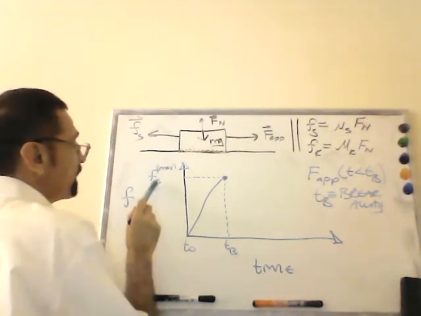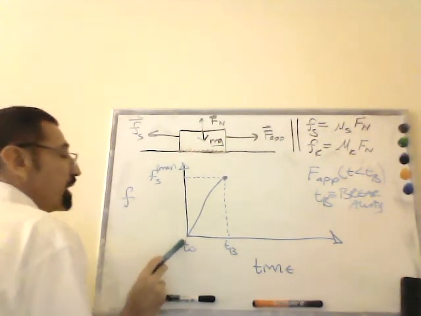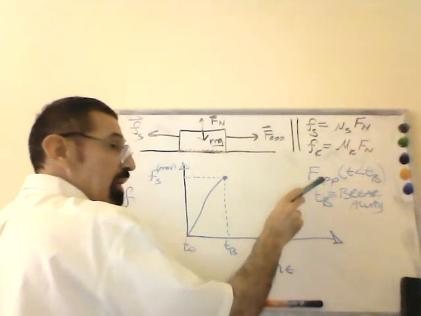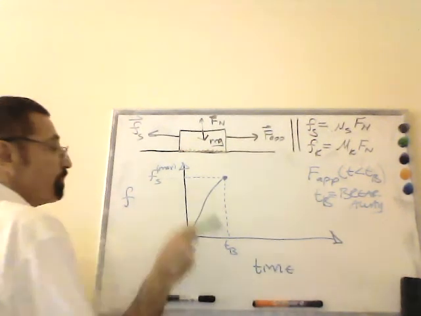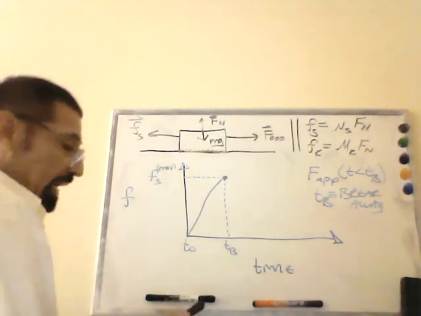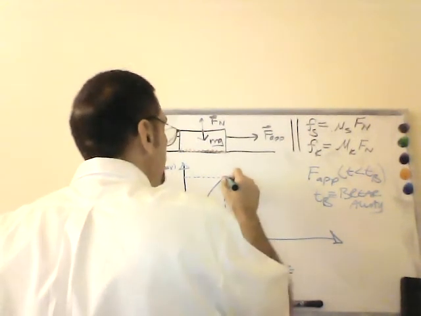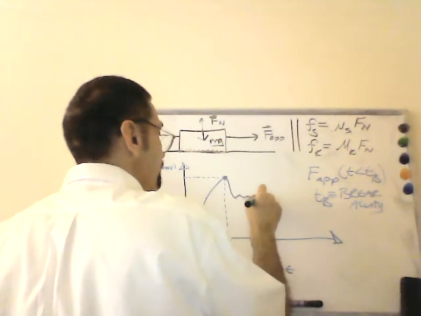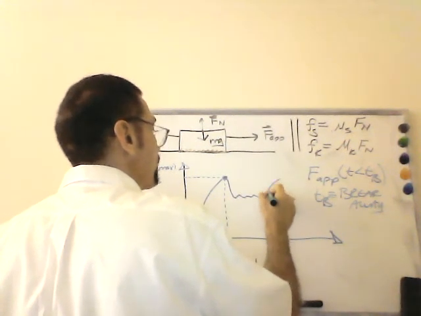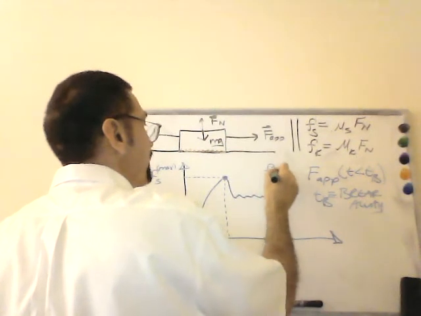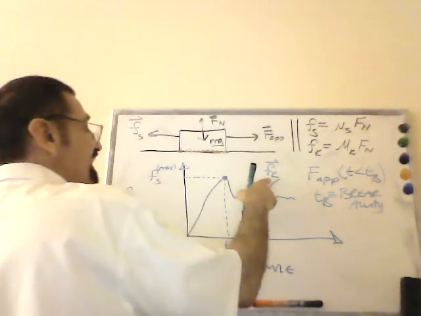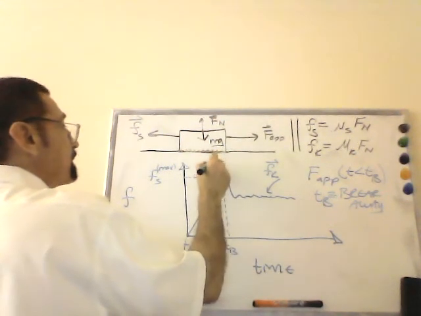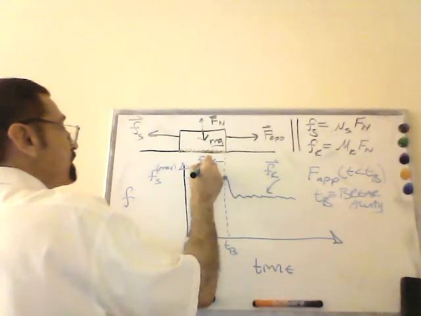Notice this static frictional force rises in unison with a rising applied force until it reaches the breakaway point, at which time what typically happens is that the frictional force drops and then it remains relatively constant, where this regime is now that of the kinetic frictional force. To the left here, this is all static.